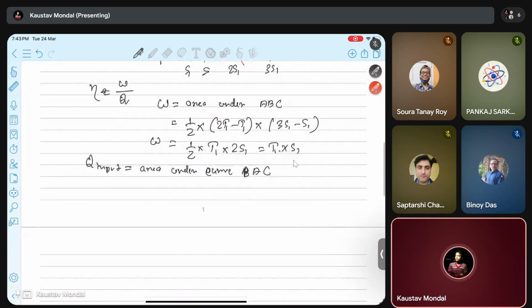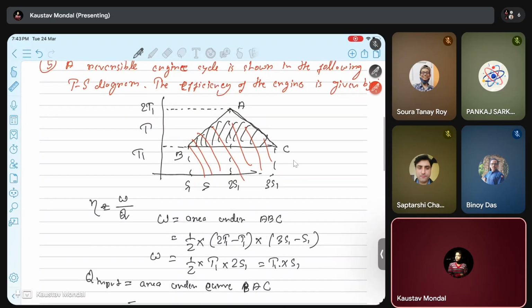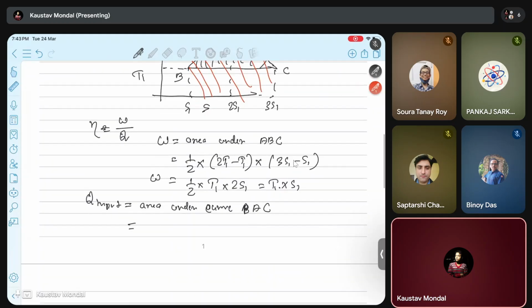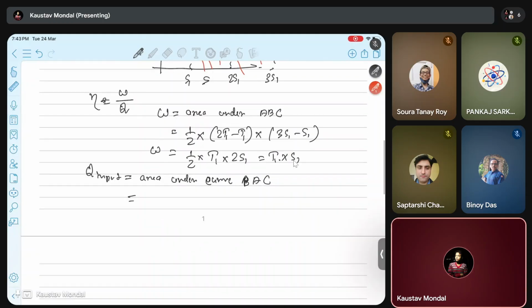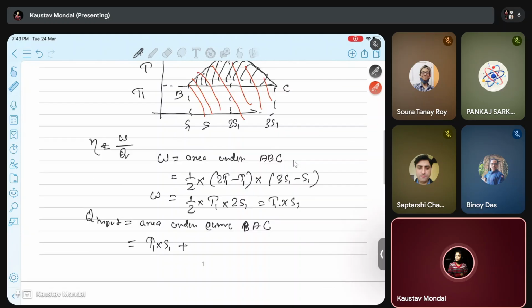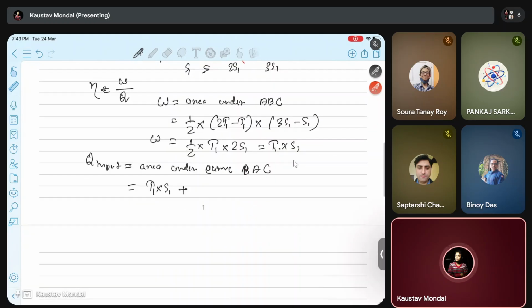Okay, so that would be basically this whole triangle plus the area of this rectangle, right? So first the area of this triangle, that is T1 into S1 that we have previously calculated, plus the area under this rectangle.